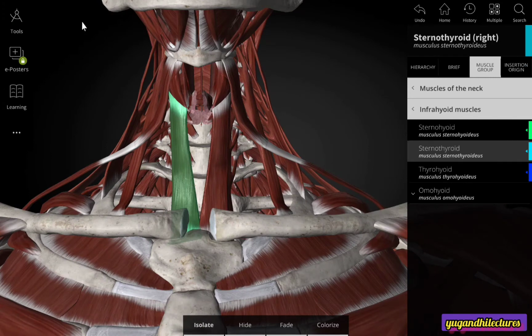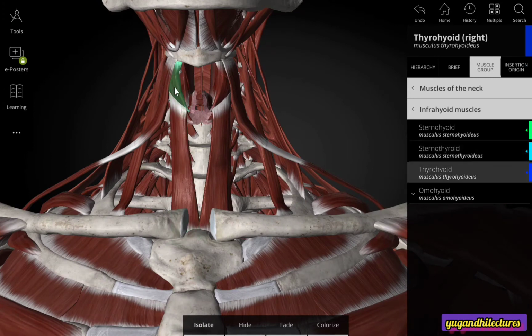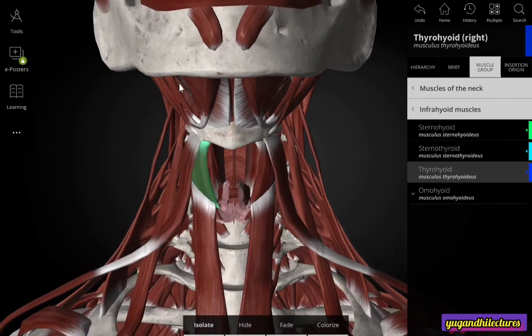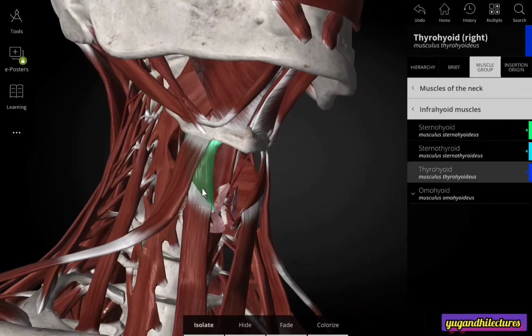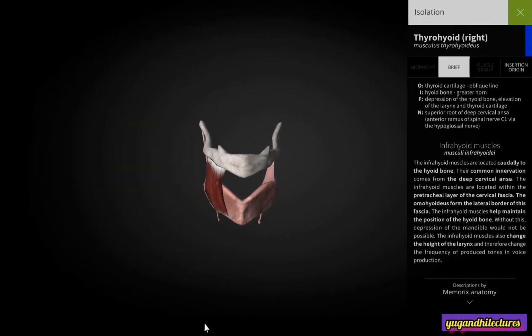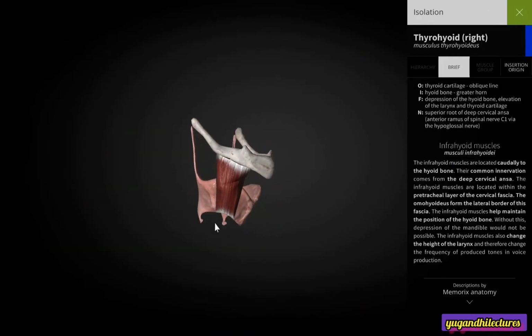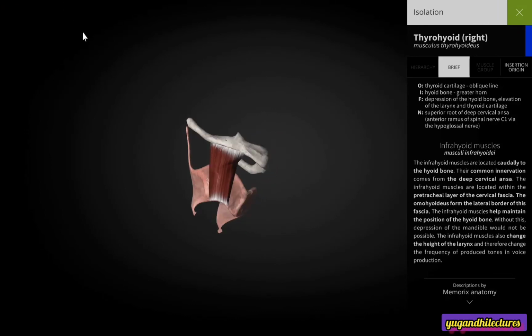So the next muscle we are going to look through is the thyrohyoid muscle. By the name itself, you can infer that it is related to the thyroid cartilage as well as to the hyoid bone. Coming to its origin and insertion, this muscle gets its origin from the oblique line on the anterior surface of the thyroid cartilage.